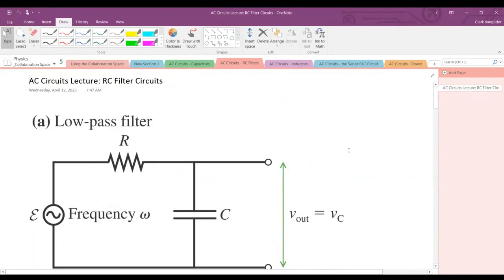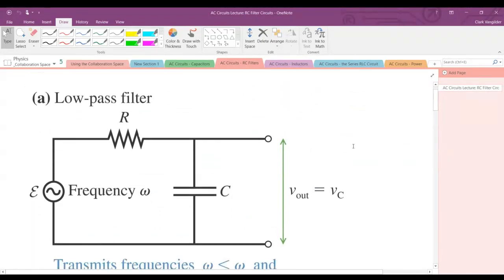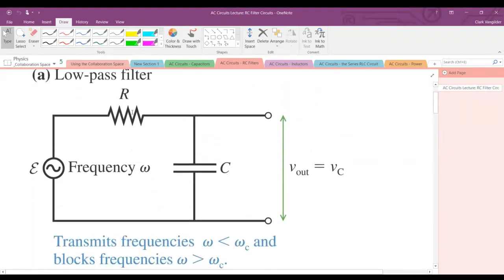So there are two kinds of filters. There's a low pass and a high pass filter, and they have particular properties. Here with the low pass filter, where the resistance is ahead of the capacitance, it passes frequencies less than the crossover frequency and blocks them above it.